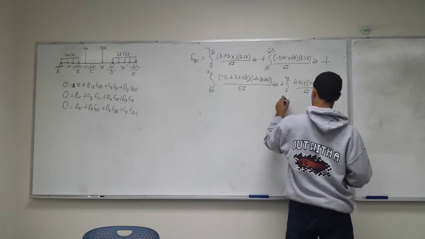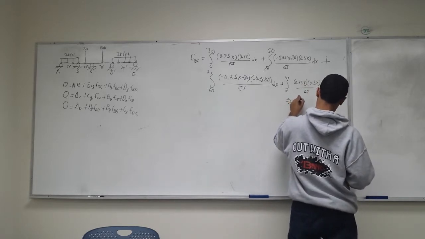And this is going to be equal to 24,750 over EI.